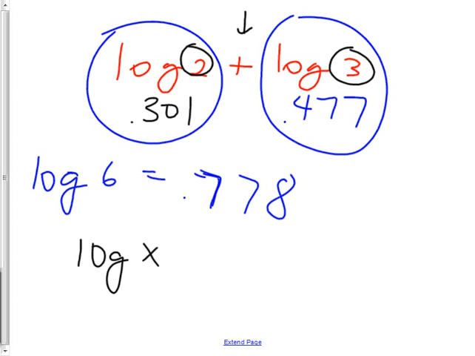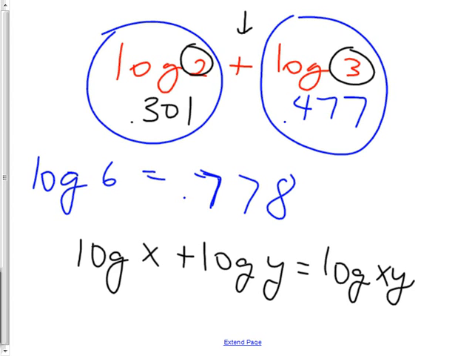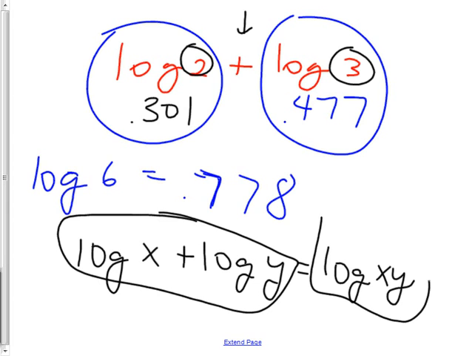Log x plus log y is equal to log of, what did we just figure out? x times y, or xy. You get that? So if you take two logs and you add them together, you can condense them down into just one log. See how this is a big long thing and this is condensed down?